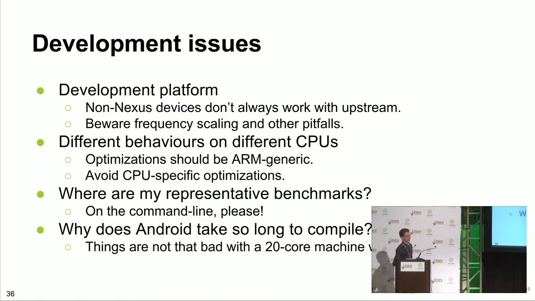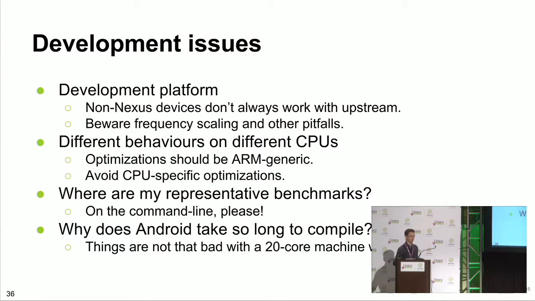Benchmarks. Why do I have to use the GUI to run some Quadrant or Leanback benchmarks like that? I'd like to have good benchmarks, if possible, that I can run on the command line without having to take my mouse, please. We are working on that. We have a public repo in Linaro now, where we are introducing a series of benchmarks, and you're welcome to join and help us.